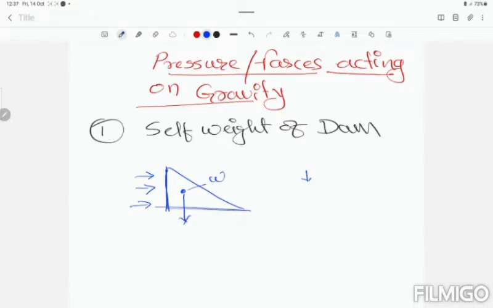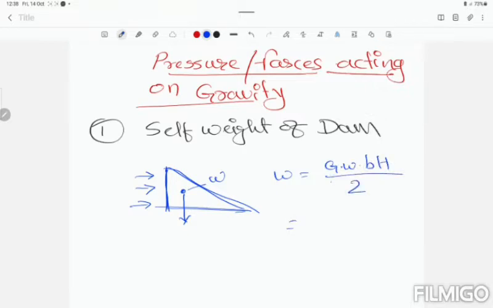Calculating W is a simple formula: mass into gravity, in kg. We are not going to calculate those things, but in our mathematical formulas we will describe the self weight as W = gw into bh divided by 2.